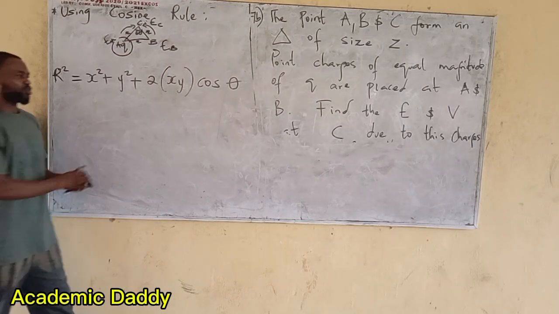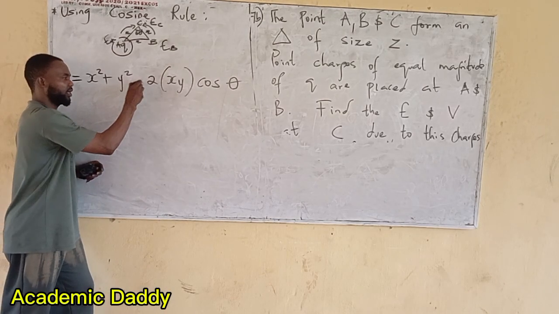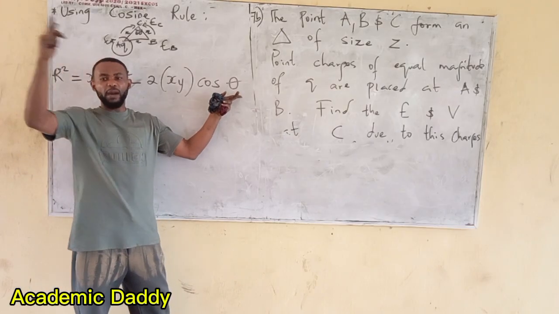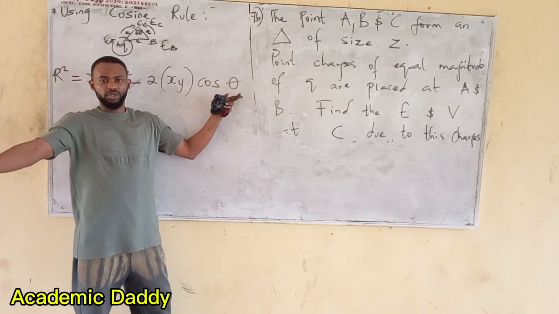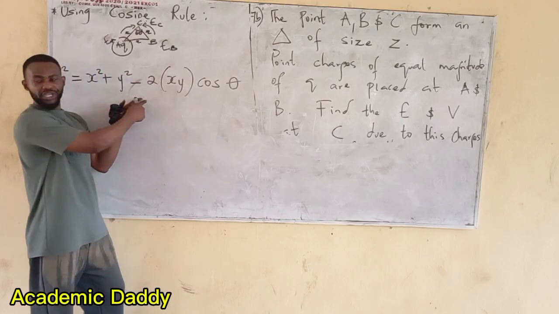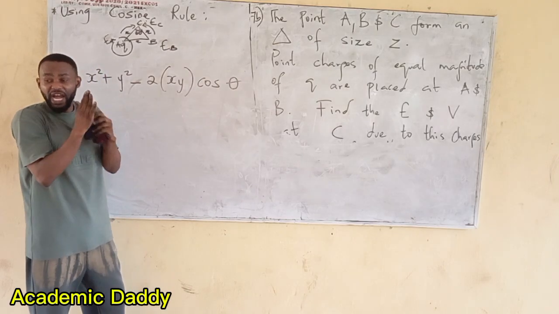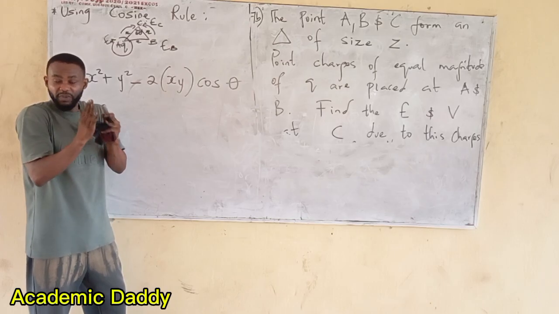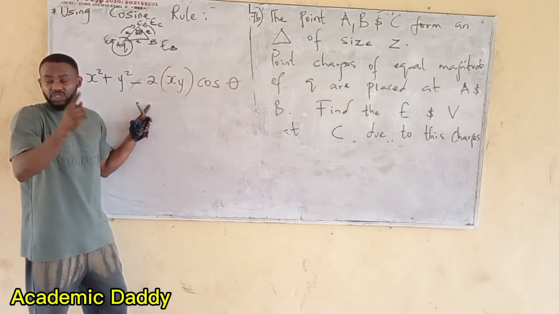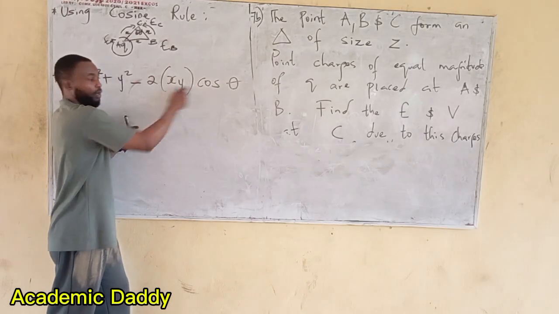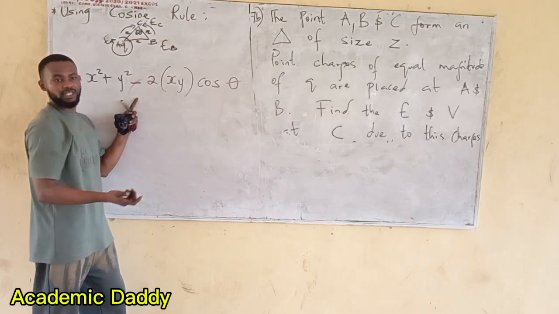Do you remember that each time we put minus here, we always make sure that whatever angle here is going to be above 90? Is it not true? So that at the end of the day, we get positive. Which means that in a situation where the angle we know for that first case is less than 90, me going to put minus here will give me a negative value.